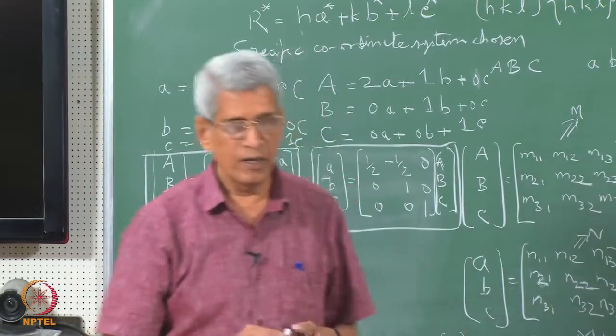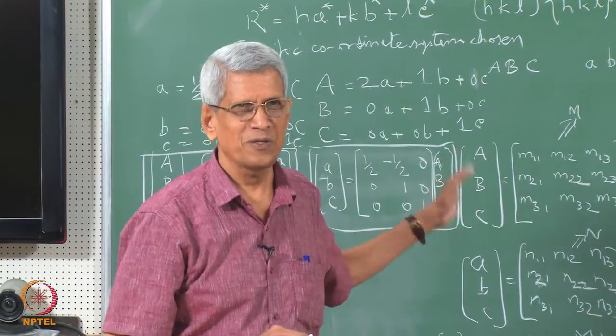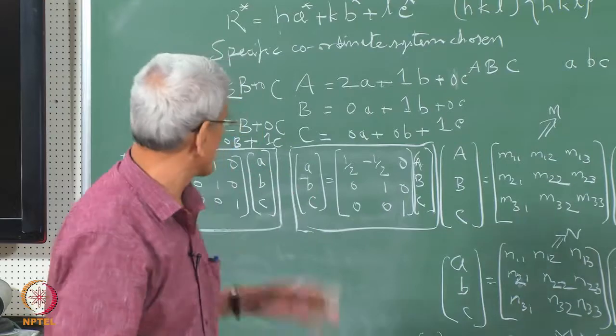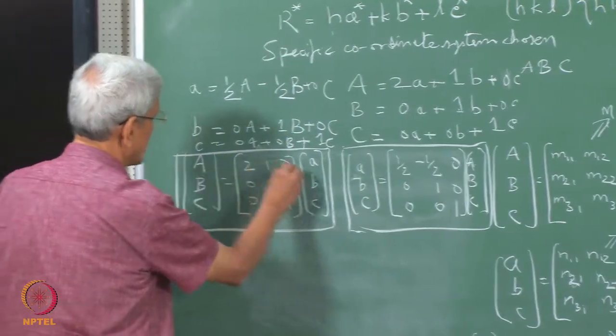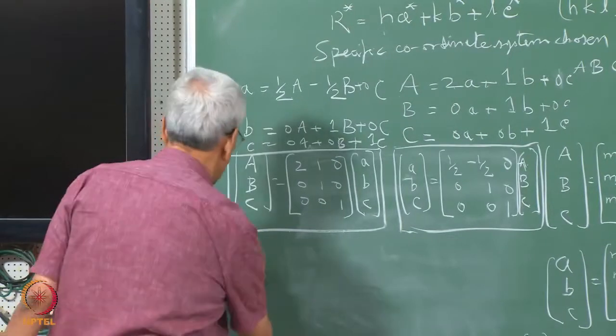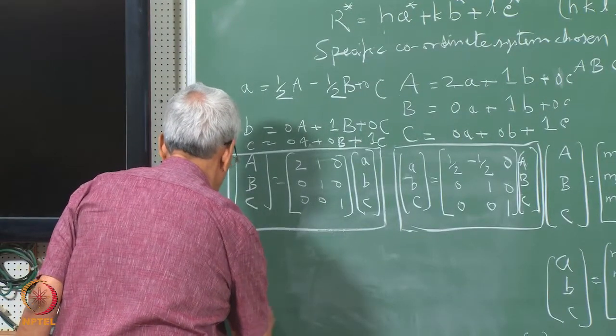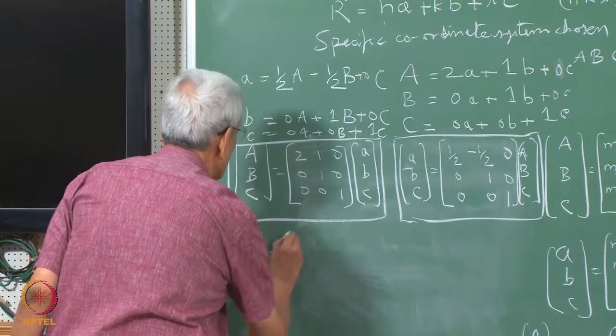Okay. Now planes, we know how they have to be indexed. Suppose we wanted to find out HKL, HKL also is the same matrix which works.